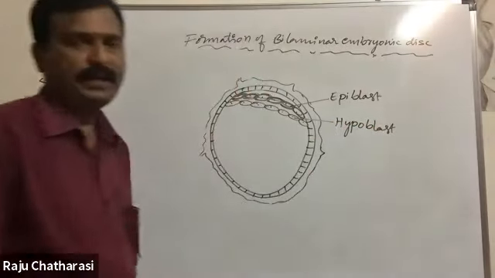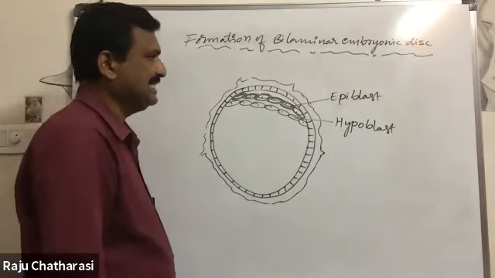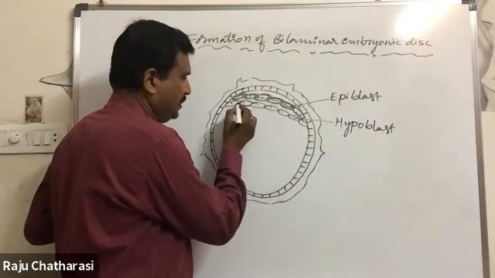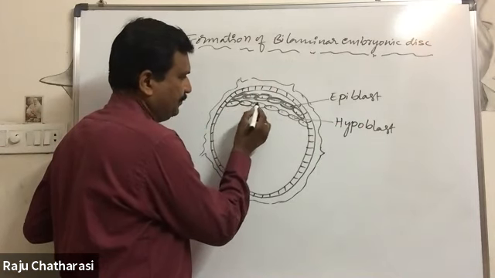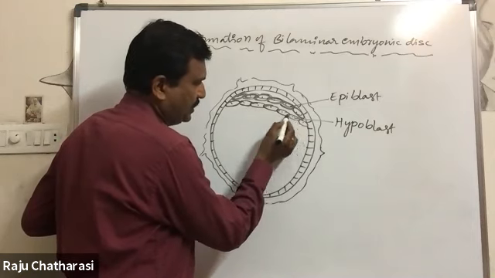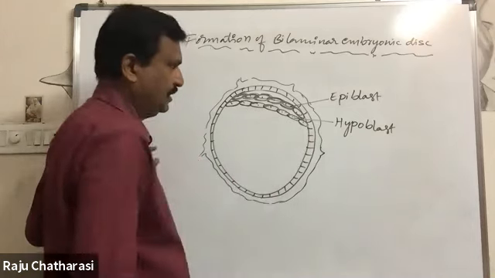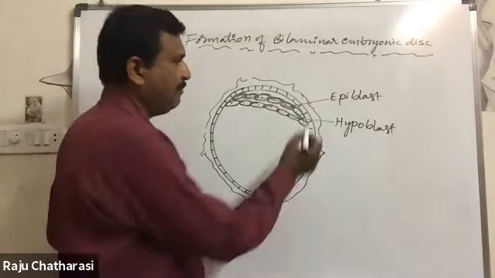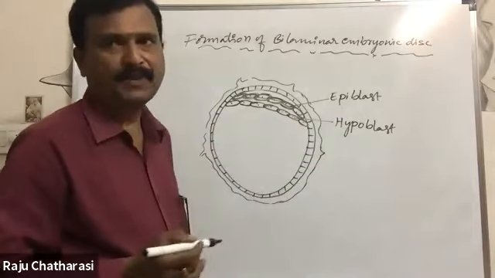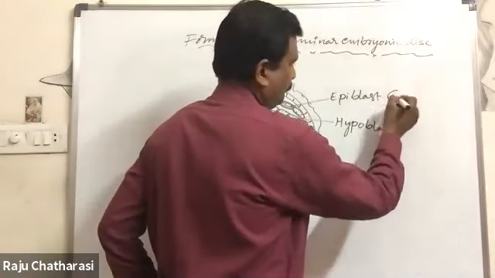Embryonic stem cells or formative cells are arranged as two layers. Upper layer is called epiblast and the lower layer is called hypoblast. See beta here, epiblast, basically these are columnar cells.